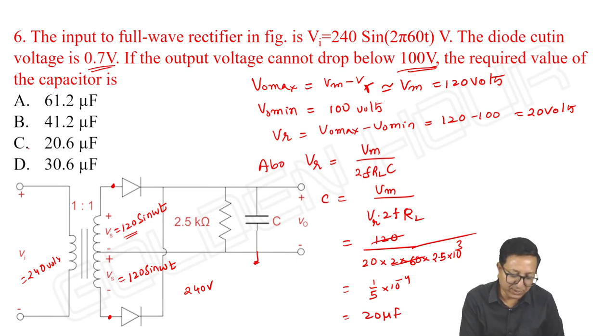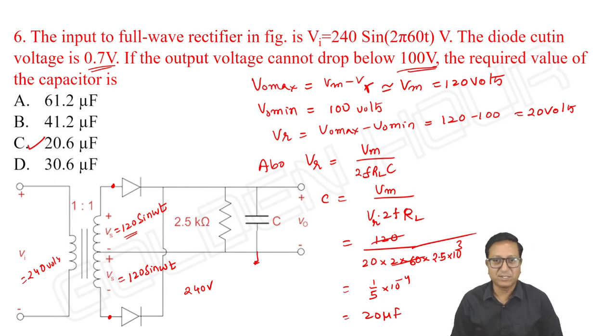Okay, 20.6 means they might have taken V gamma into consideration, nothing else. If you take V gamma into consideration, right, means V output maximum is equal to Vm minus V gamma. Anyway, V output maximum is equal to, instead of 120, it is 119.3.